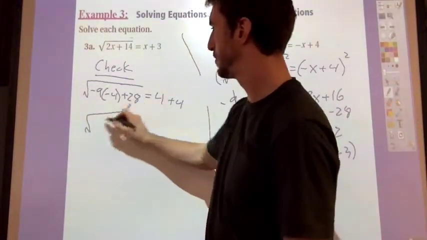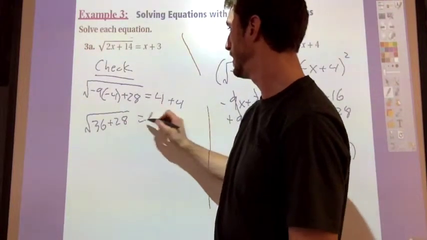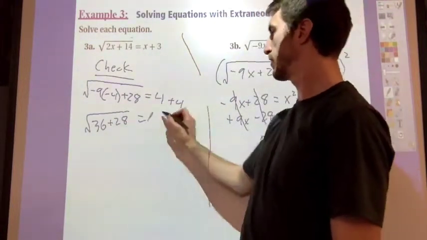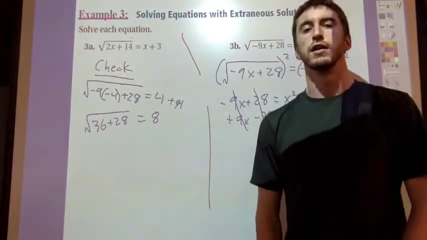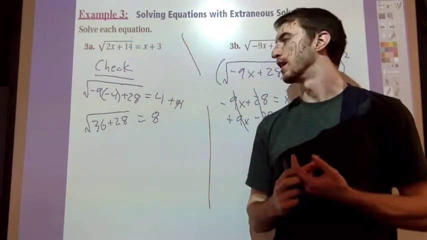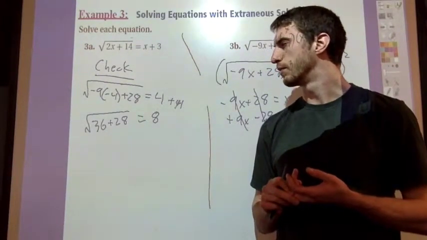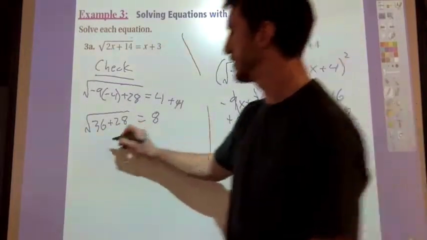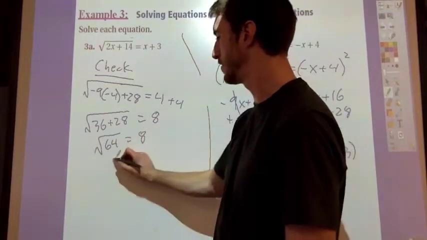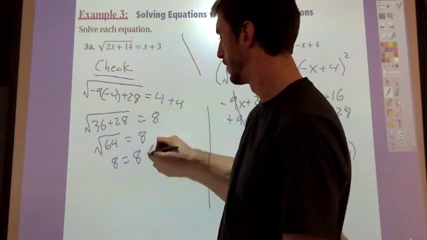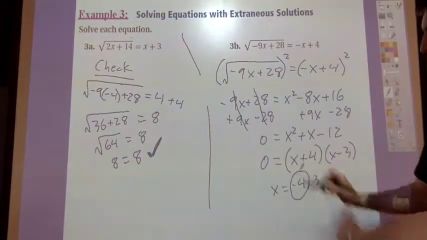So inside this radical, I've got 36 plus 28 equals 4 plus 4 is 8. Now 36 plus 28, I'm going to have to think. 14, carry the 1, so that's 64. So this is the square root of 64 equals 8. Square root of 64 is 8. Boom. So that one works. Okay? Negative 4 is okay.